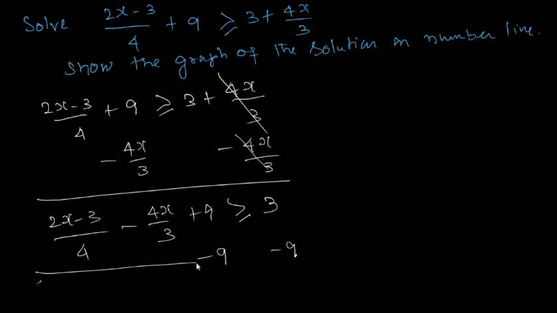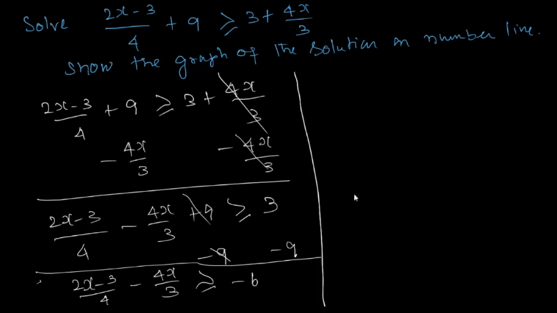Okay. Now you can strike out. So (2x minus 3) divided by 4 minus 4x by 3 is greater than or equal to, here 3 minus 9, minus 6.